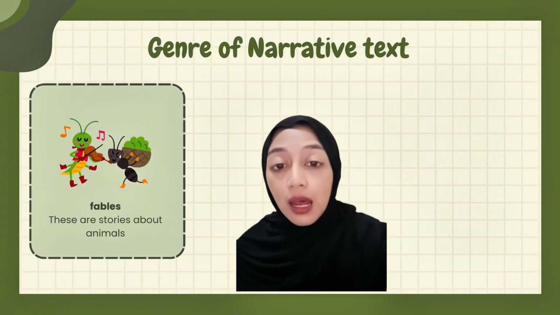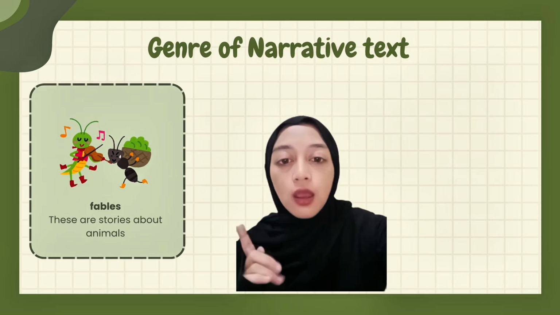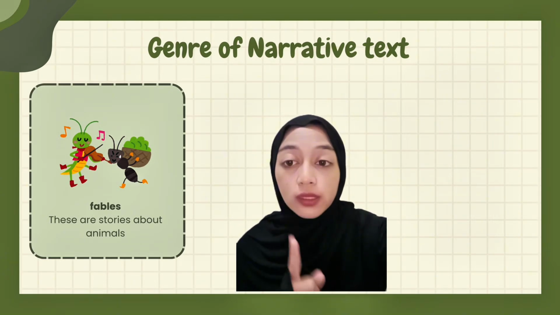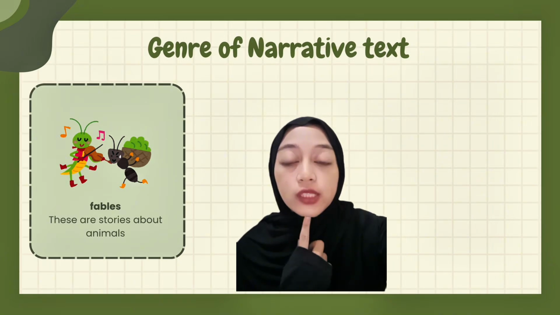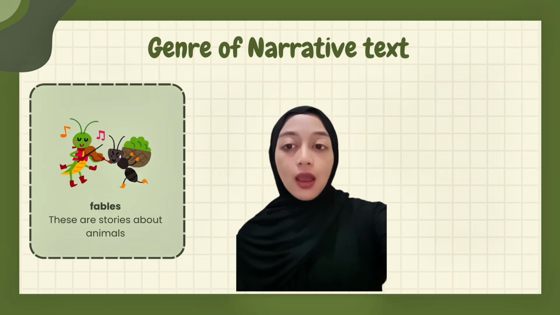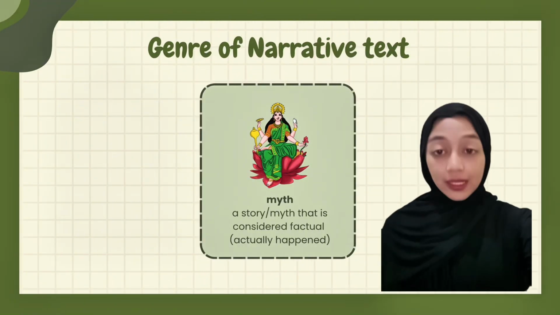The following are examples of narrative text genres. The first, fables. These are stories about animals. For example, The Ant and the Grasshopper. Second, myth.